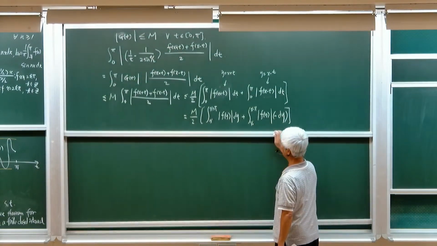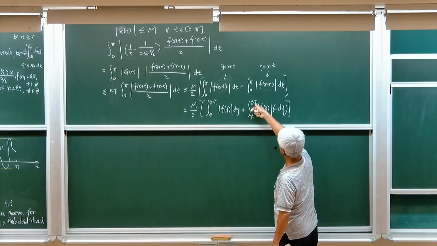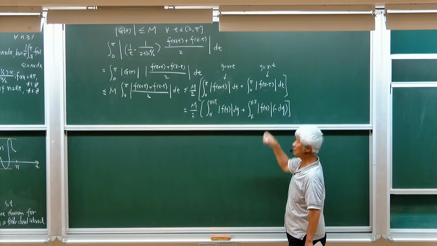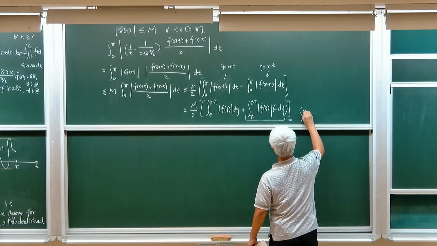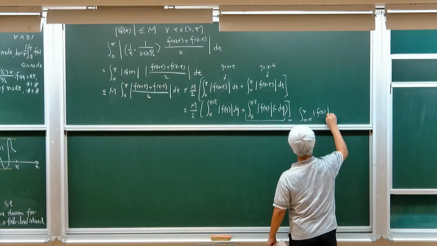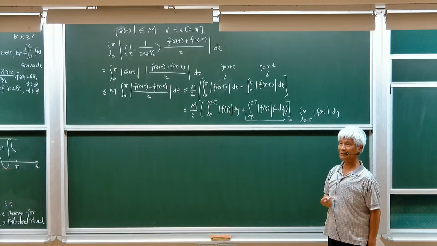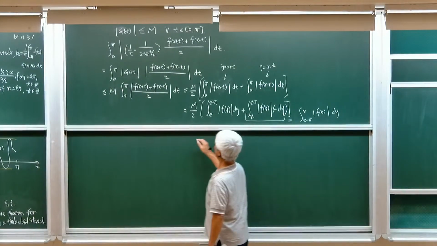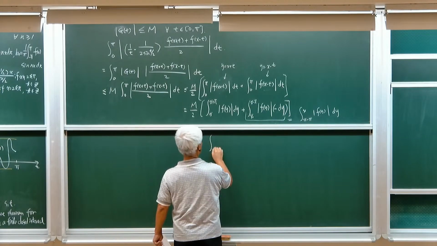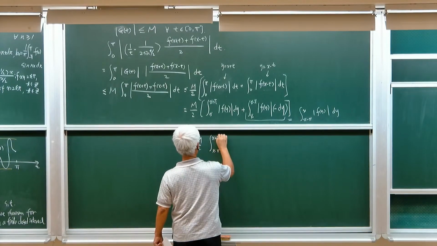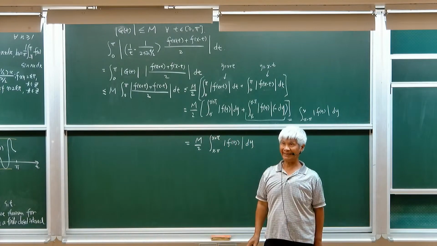Now, because this is minus, we just flip the two limits, so this one goes from x minus pi to x, dy. And so you combine together, and you get 1 over 2, integral from x minus pi to x plus pi of f of y dy.